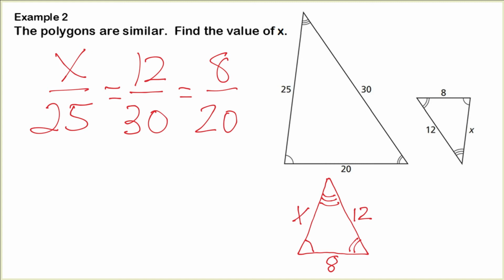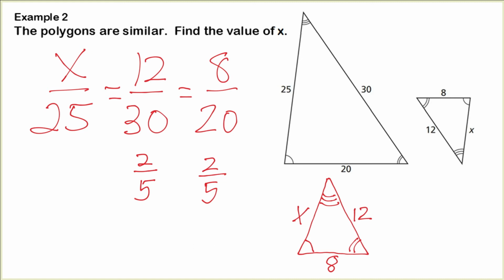Well, I can't reduce x over 25 because I don't know the value of x, but I can reduce 12 over 30. 6 goes into 12 twice, and 6 goes into 30 5 times. I can also reduce 8 over 20. 4 goes into 8 twice, and 4 goes into 20 5 times. So I know that on this problem, the scale factor is 2/5.